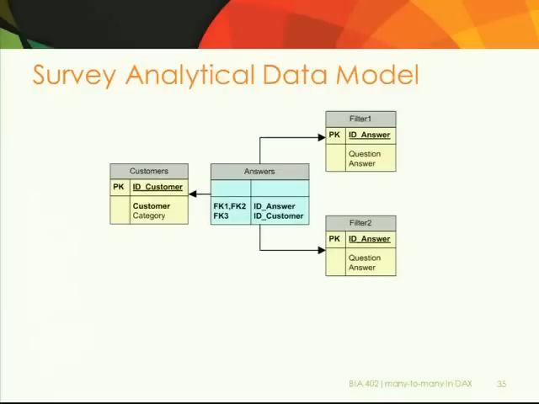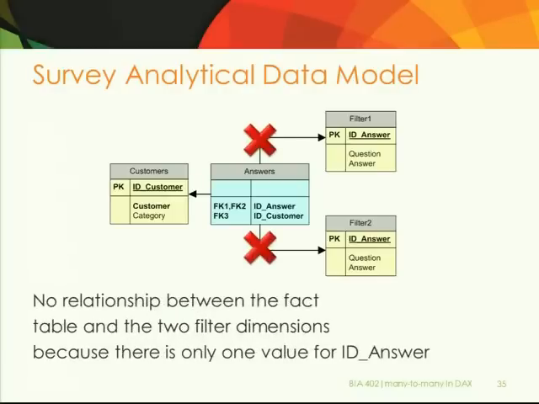The first problem that we need to solve is that this is our data model, and we cannot represent this data model inside tabular. The reason is that we cannot create the two relationships starting from answers and going to filter 1 and filter 2. Because we have only one column containing ID answers, and in Power Pivot we can create only one relationship using ID answer.